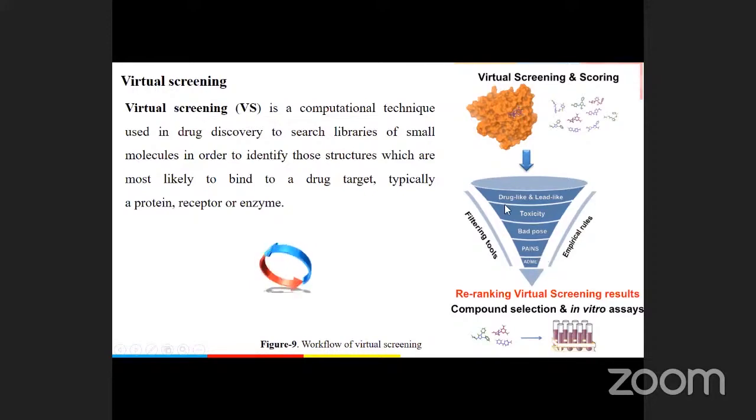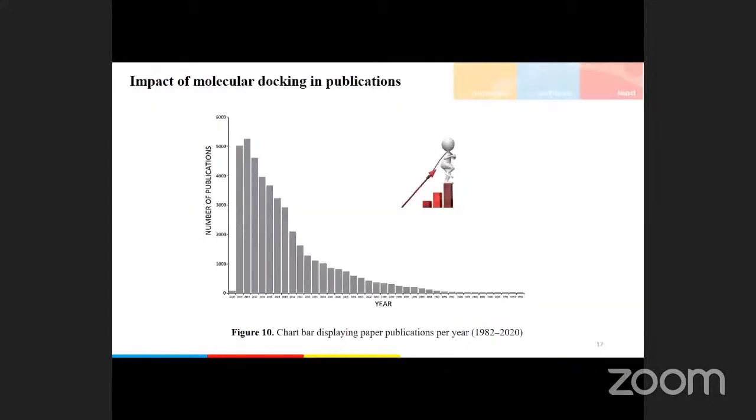After applying these filters, only the compounds from this library that pass through the filters will come out as hits. For those hits we need to perform molecular docking in order to give a ranking. So this is the entire workflow.